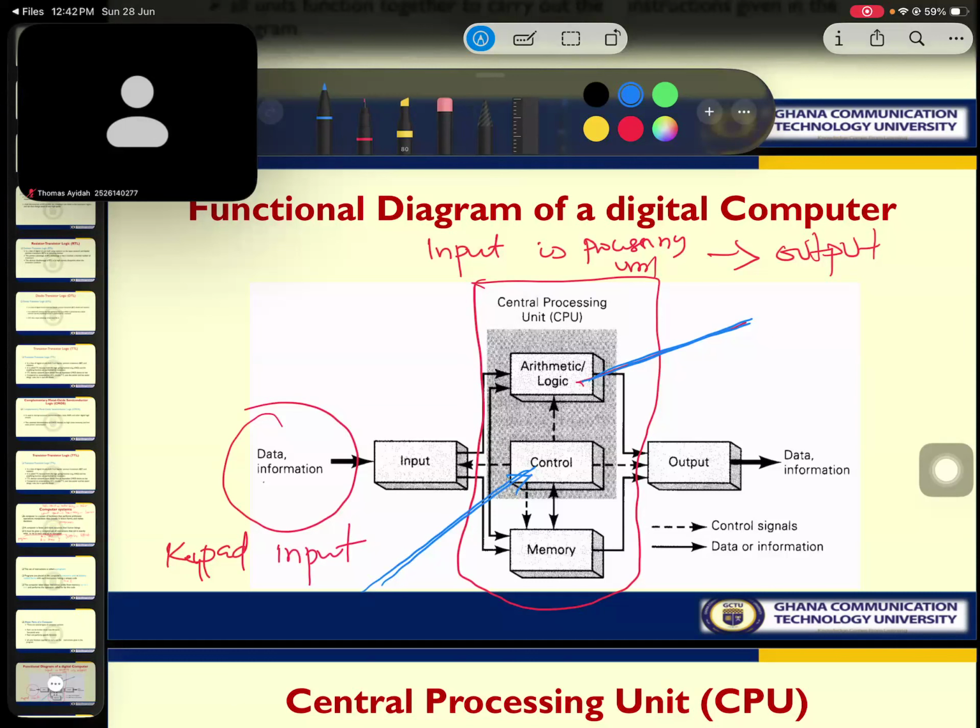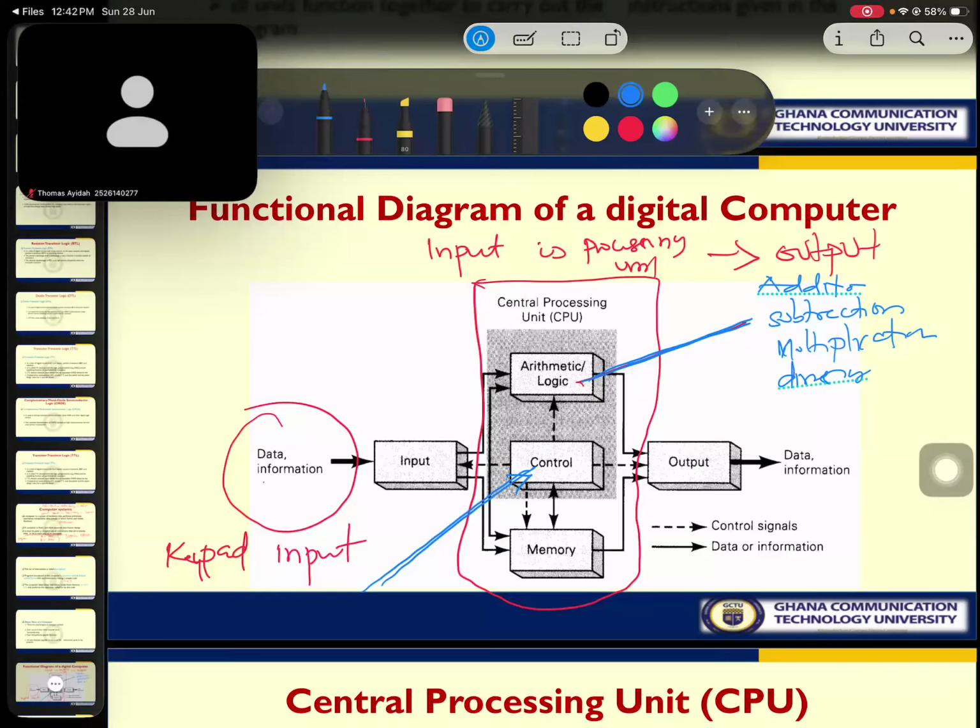Now, the arithmetic logic unit performs calculations. It performs arithmetic. It makes logical decisions. And what are these? We have addition, subtraction, multiplication, division. This is the function of the arithmetic logic unit. Logic operations.